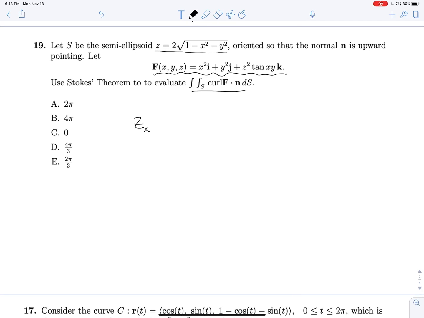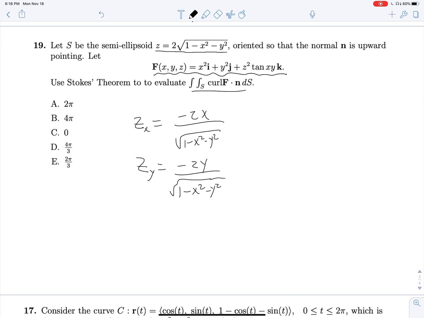So zx is going to be negative 2x over root 1 minus x squared minus y squared, and zy is going to be negative 2y over root 1 minus x squared minus y squared. There we go.